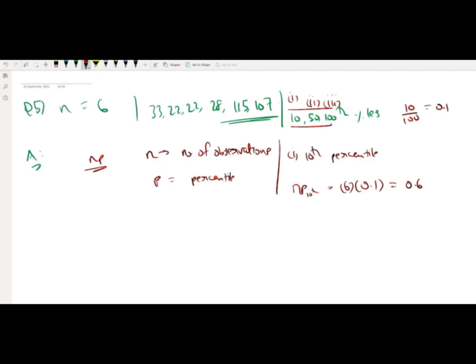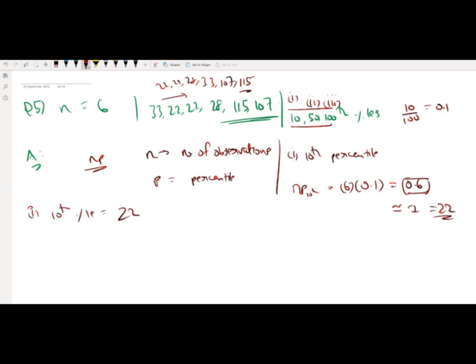Therefore it is 0.6, but we do not have any term which is 0.6. So the nearest term is the first term. We need to keep this in ascending order: 22, 22, 28, 33, 107 and 115. So the first term is 22. The 10th percentile is 22.